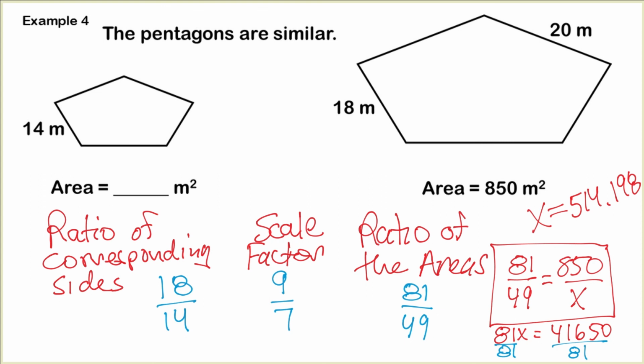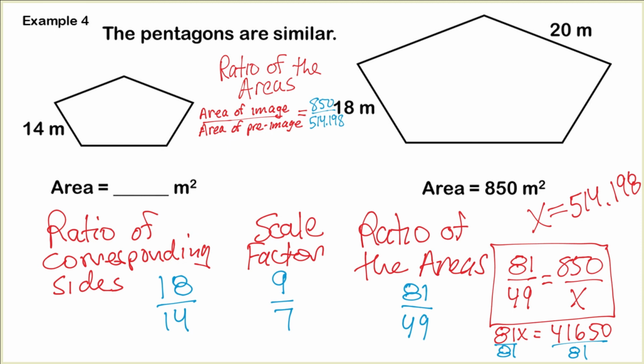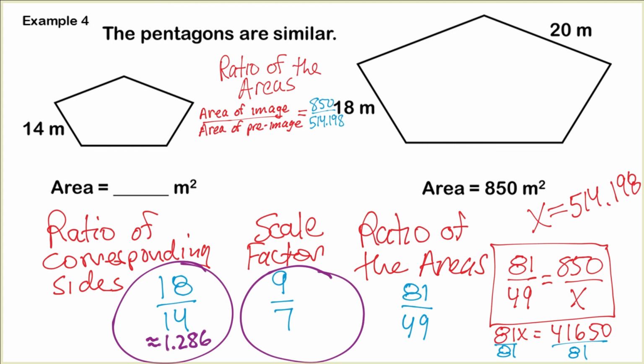Now, to check and make sure this all worked, we're actually going to write the ratio of the areas. And we'll change everything to decimals. 18 divided by 14 is approximately 1.286. When I go to the scale factor, 9 divided by 7 is approximately 1.286.